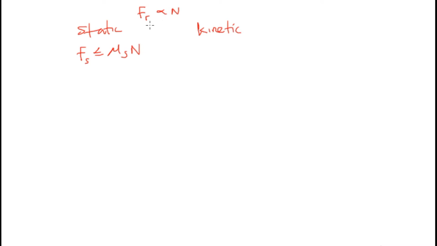So if we remove the proportionality sign, we substitute an equal sign and a constant. The constant is called the coefficient of friction. But since we have two types of friction, we consider static and we also consider kinetic. So the kinetic friction will be equal to the coefficient of kinetic friction multiplied by the normal reaction.